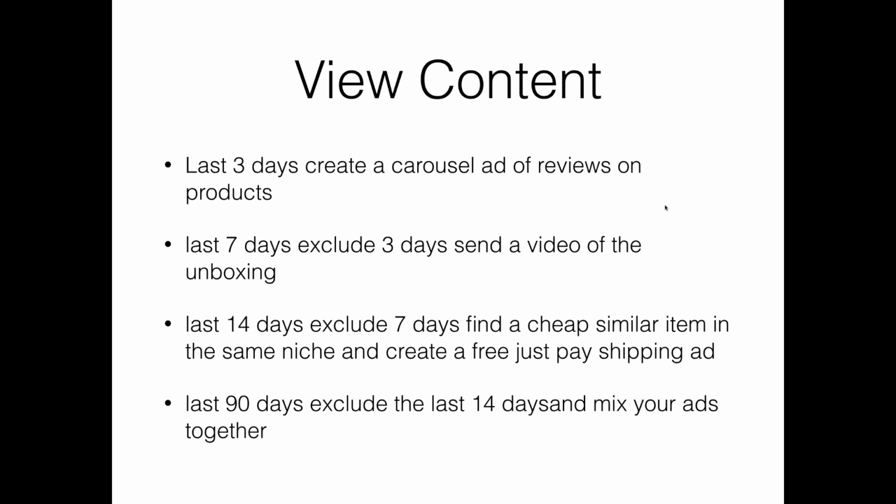The next one is the last 14 days. So now from day 7 to 14, you're going to find a cheap similar item. Say this one is not the teeth whitener, because the teeth whitener is $29.99. We're going to find maybe some type of retainer or something on AliExpress that's cheap, maybe like $2. And now we're going to say, get this free, just pay shipping.